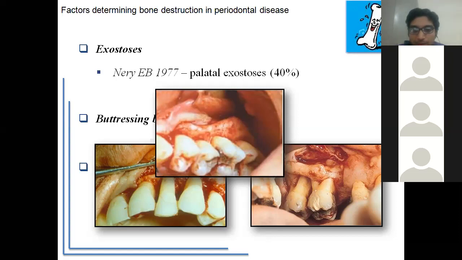How will you classify buttressing bone formation? Central buttressing bone formation and peripheral buttressing bone formation, right? So buttressing bone formation also comes under patterns of bone loss. What is lipping?